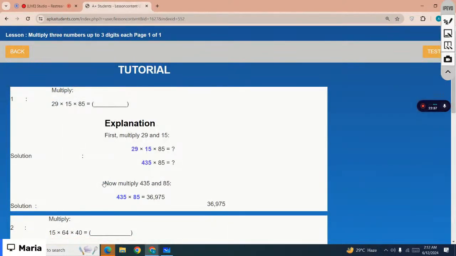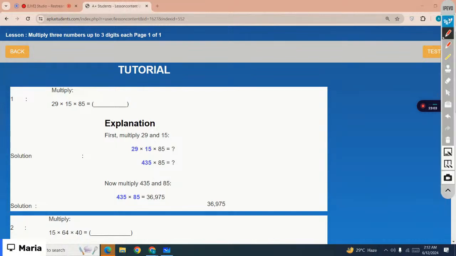Okay, 29 times 15 times 85. So you have to multiply three numbers now, right? And they all are two digits. So always make a pair of numbers and start multiplication, right? Like here we did 29 times 15.